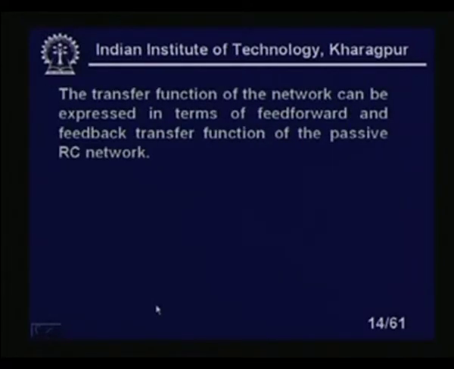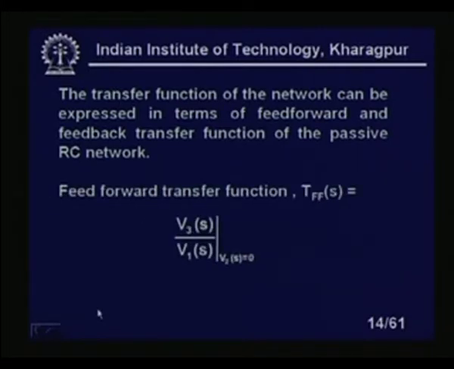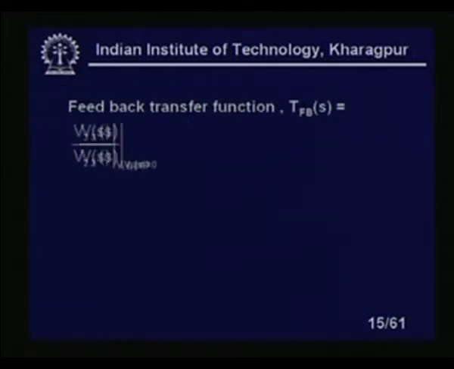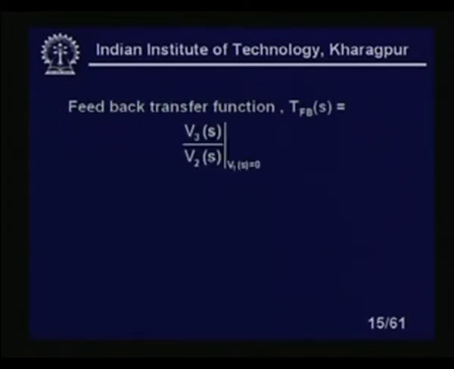The transfer function of the network can be expressed in terms of the feed forward and feedback transfer functions of the passive RC network. Feed forward transfer function TFF(s) equal to V3(s) upon V1(s), making V2(s) equal to 0, right. So, feedback transfer function TFB(s) equal to V3(s) upon V2(s) when V1(s) equal to 0.